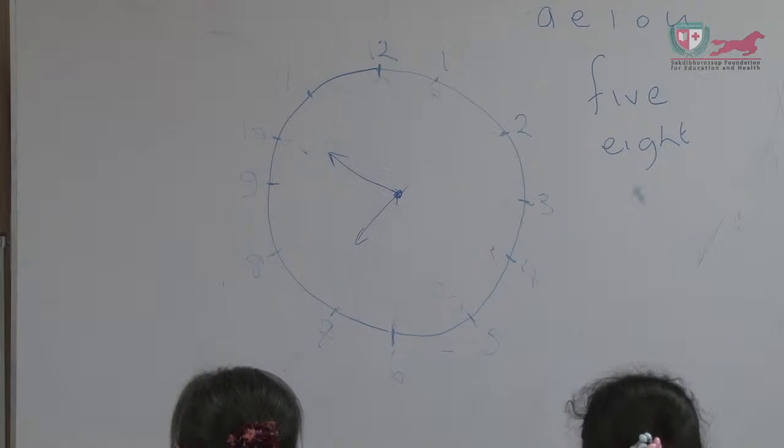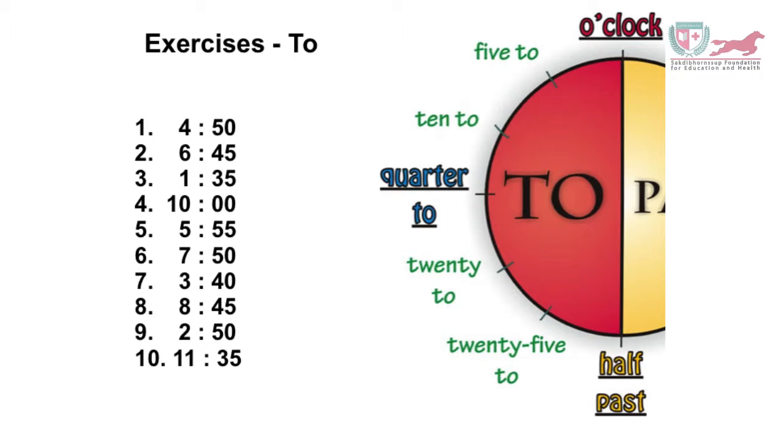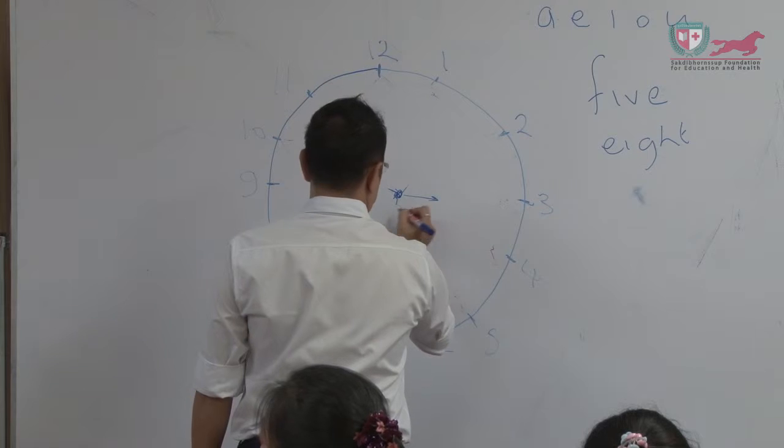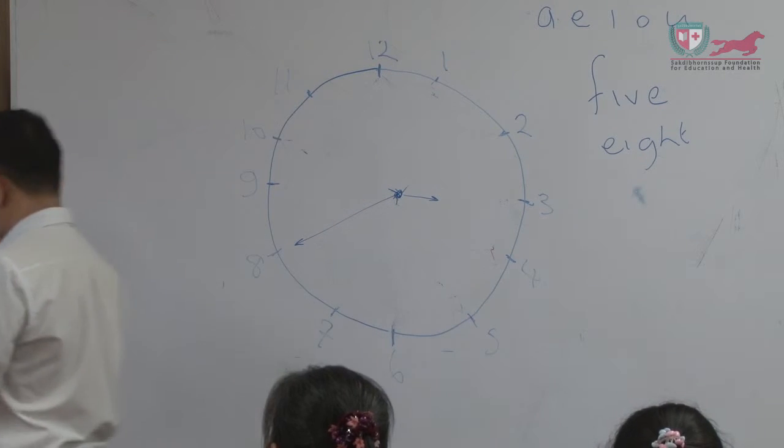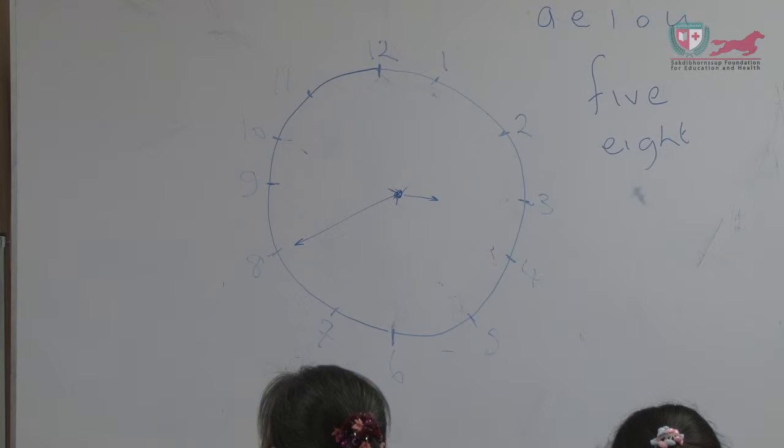Correct? Yeah? So number 7. What's the time? All together it's 20 to 4, yes, good. Thank you. Correct?